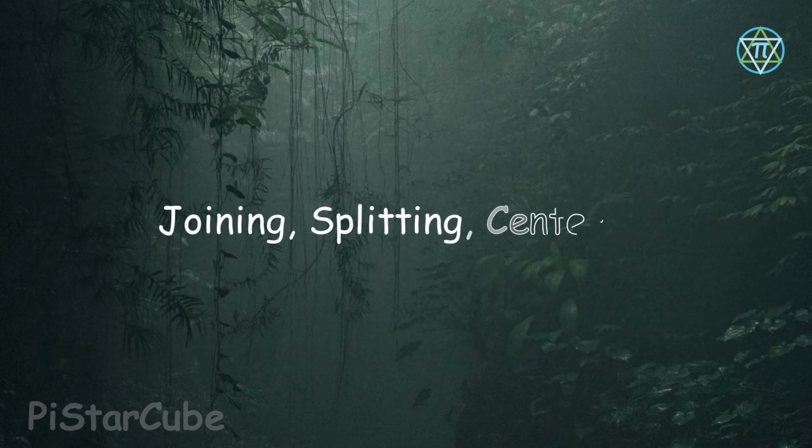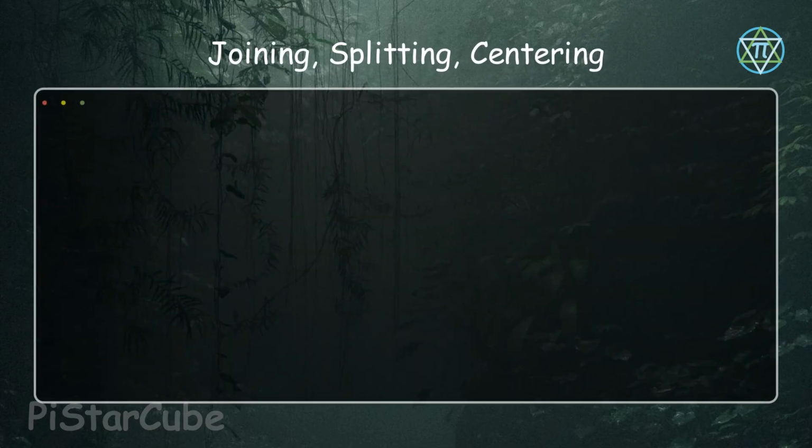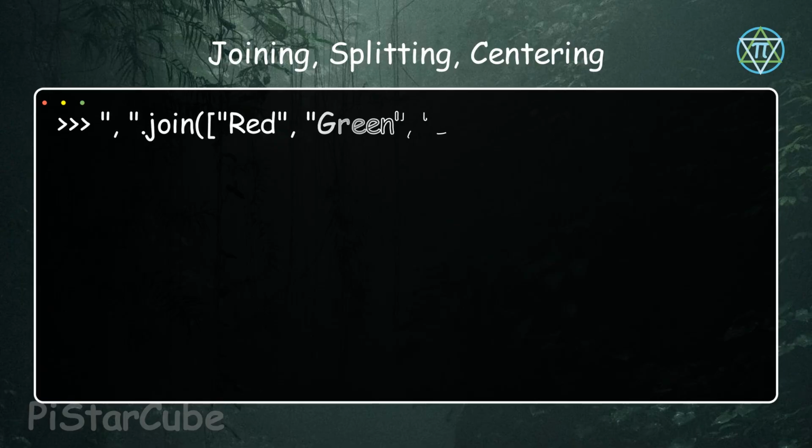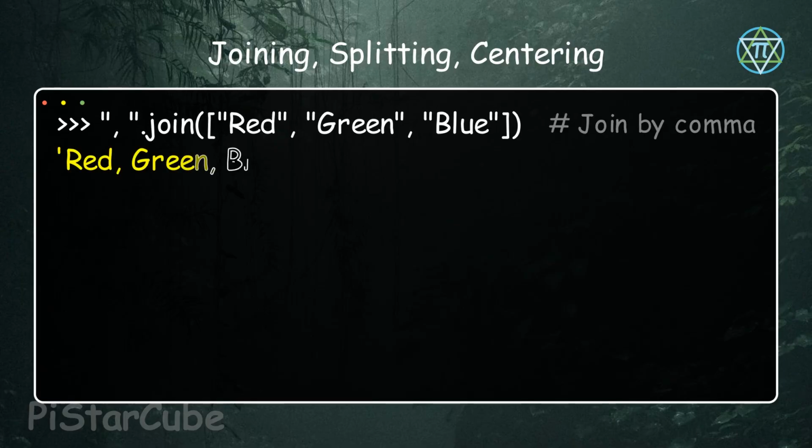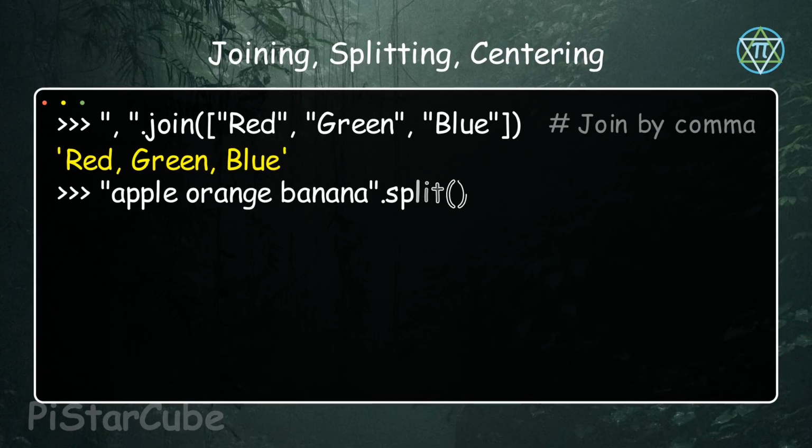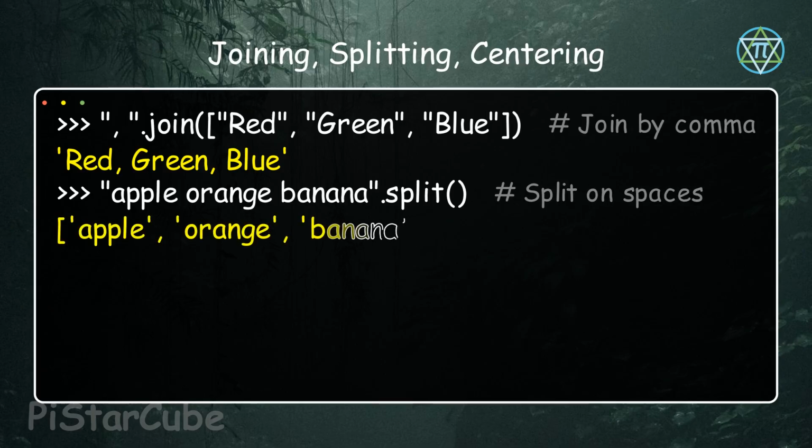Now, let's look at joining and splitting strings. The .join method takes a list of words and combines them into one string, adding whatever you put between them, like spaces or commas. On the flip side, .split breaks a string into a list based on spaces or any characters you choose.